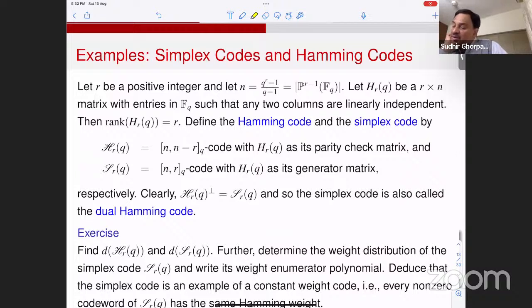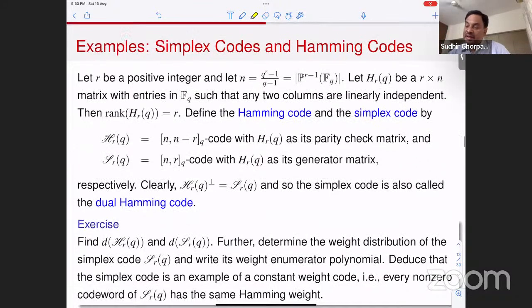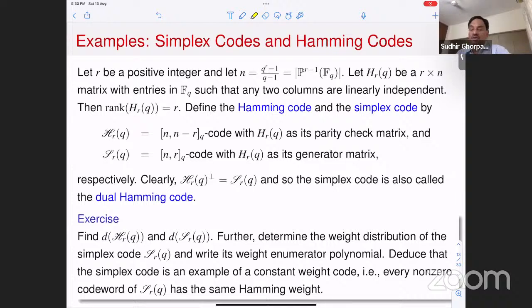This is a slightly dense slide. I will explain what is going on here. I take a positive integer r, and then I look at r-tuples, F_q to the power r. How many r-tuples are there? There are q to the power r. I forget the zero tuple, the tuple consisting of all 0.